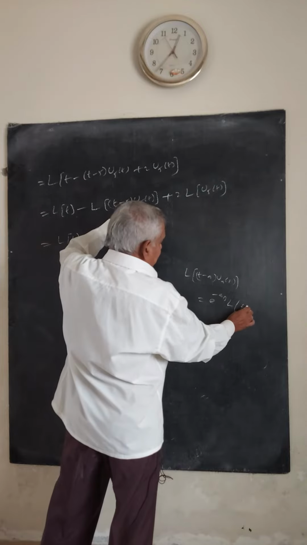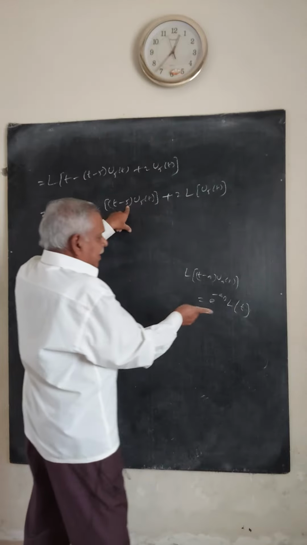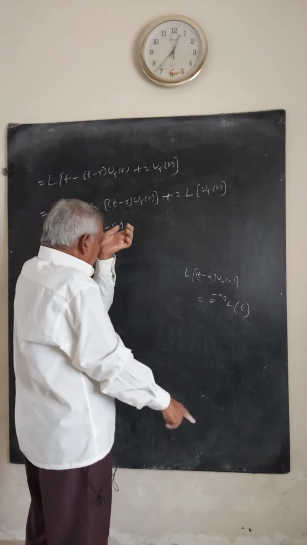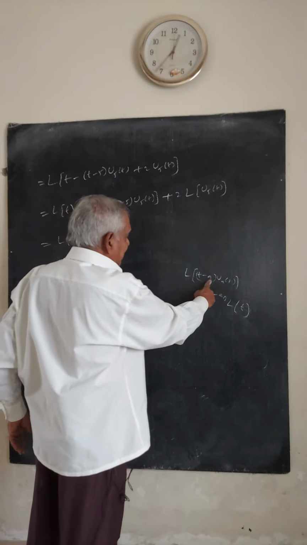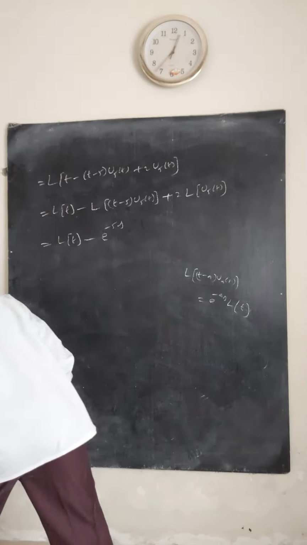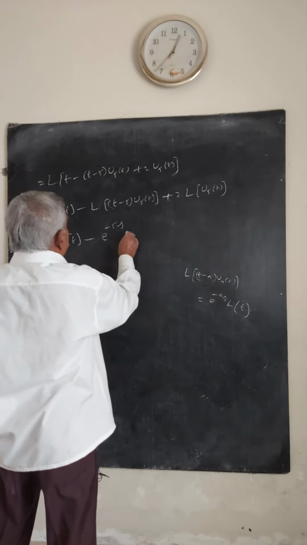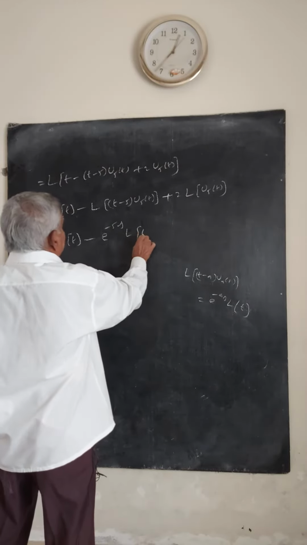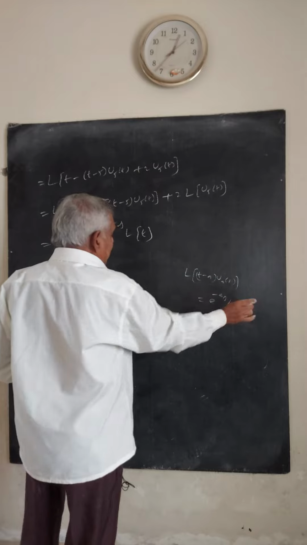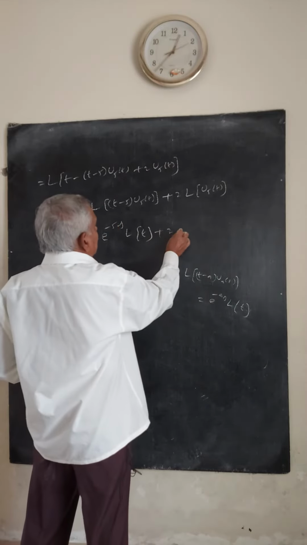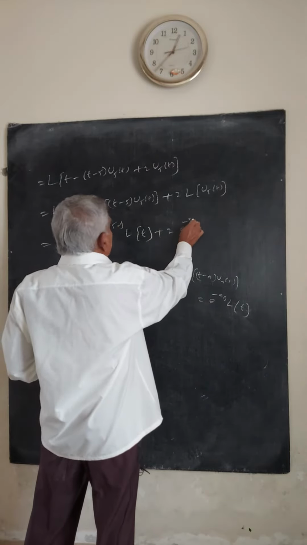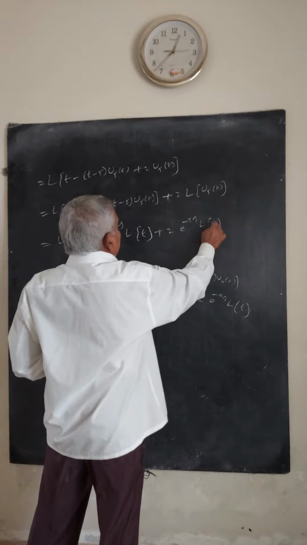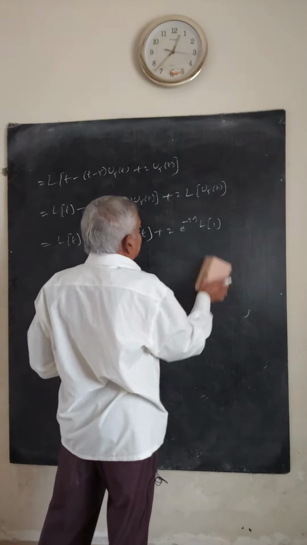Here 5 is there, so t minus 5 changed into t. L of t we have written already, but this is the way of using the unit step function. Plus 2 e power minus 5 s L of 1. There is no function, therefore 1.